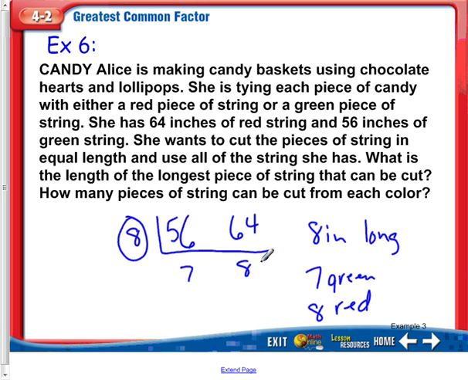So how many pieces of string can be cut from each color? 7 green pieces and 8 red pieces, because we can break it down like that. Again, all of them are 8 inches long, and I can make 7 of the green and 8 of the red. So that's our last example for today's lesson.